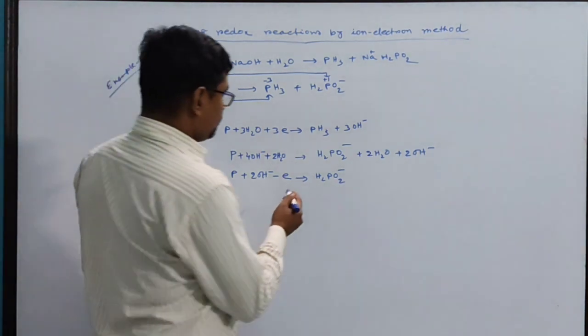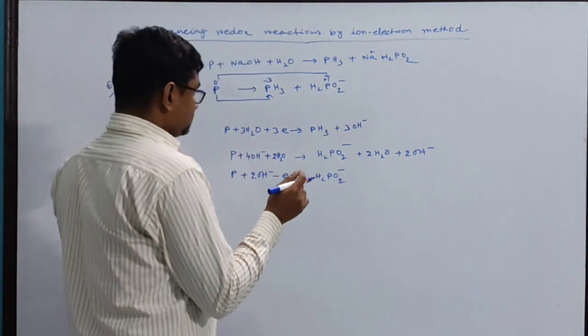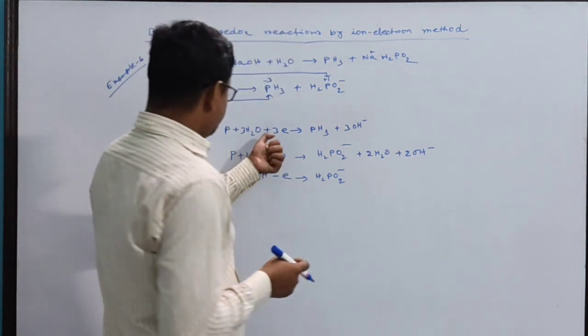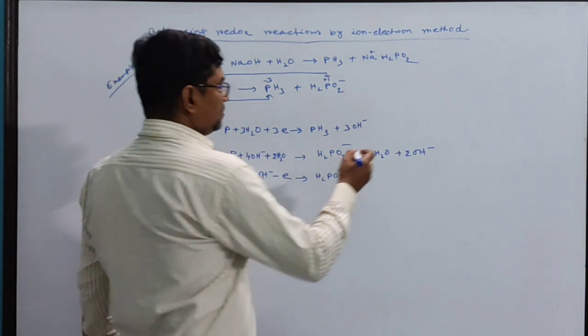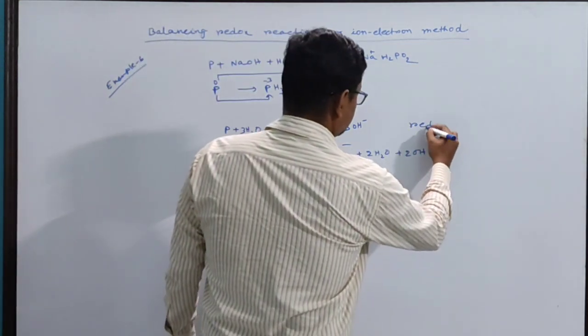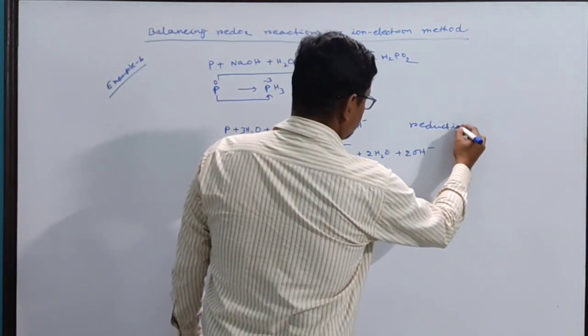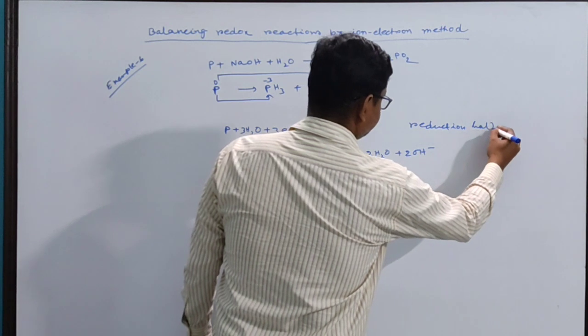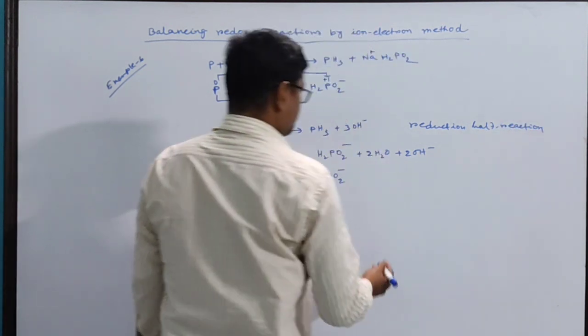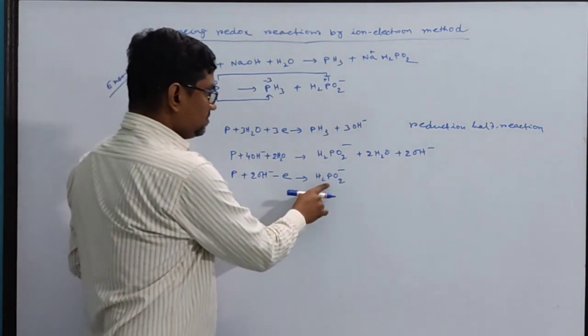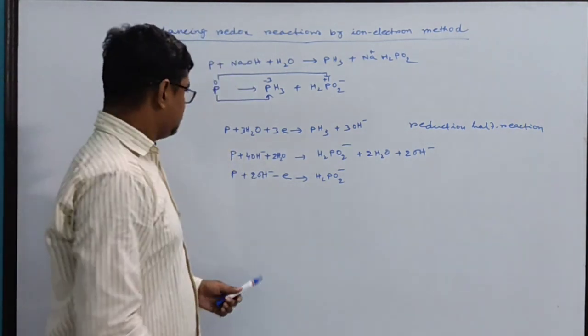Now we have to assign which one is oxidation and which one is reduction. Here the electrons are added in the left hand side, so it will be reduction half reaction, and this will be the oxidation half reaction.